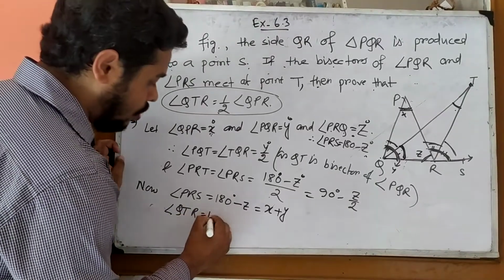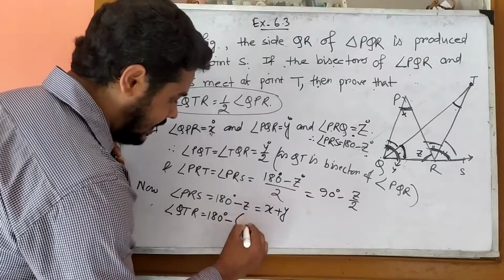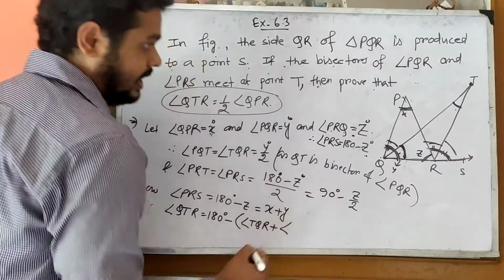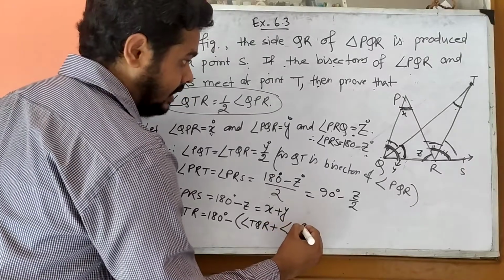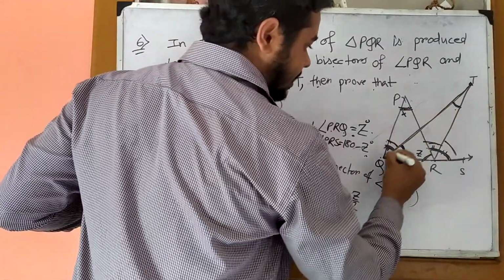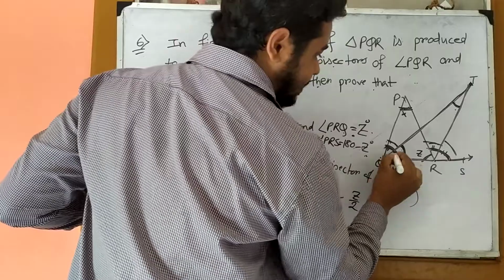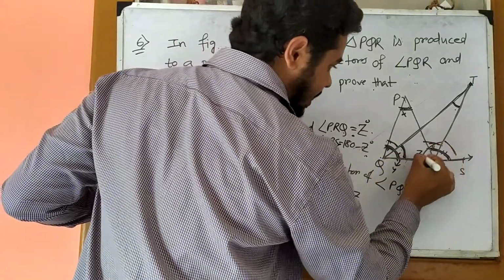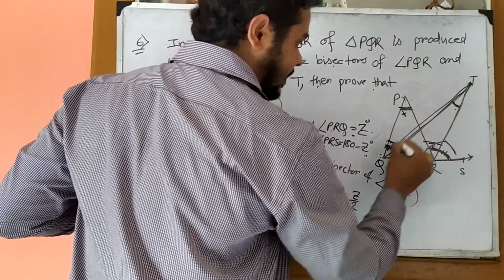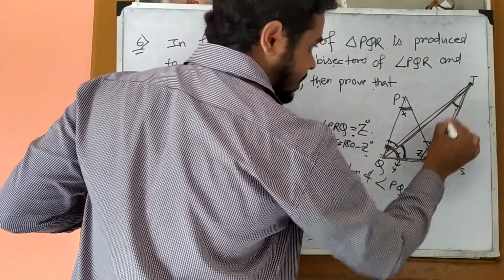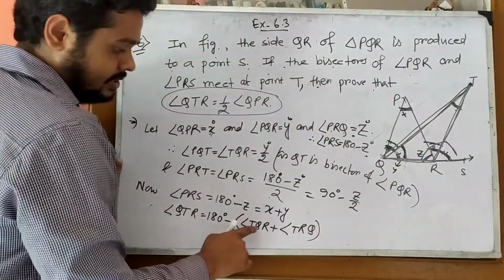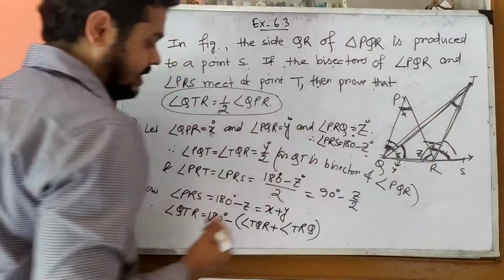Now this angle QTR equals 180 minus (angle TQR plus angle TRQ). Understood? This angle equals 180 degree minus this angle plus this angle, as TQR is a triangle, you can see. So this angle equals 180 minus the sum of these two angles, that is TQR plus TRQ.